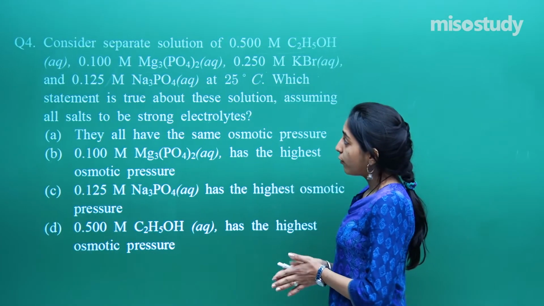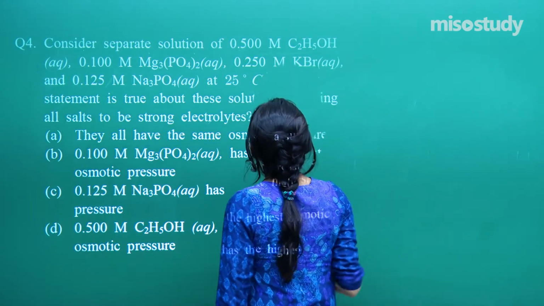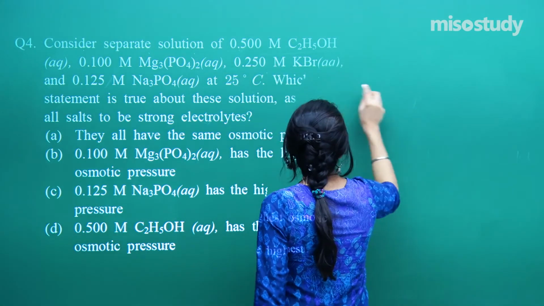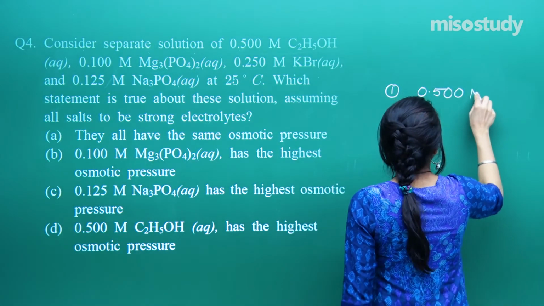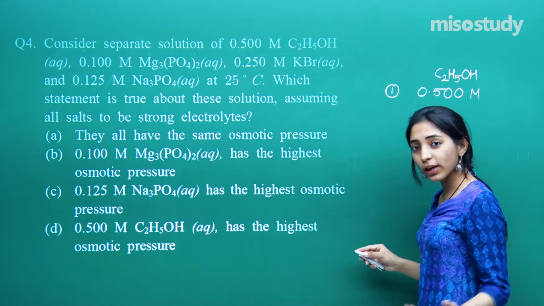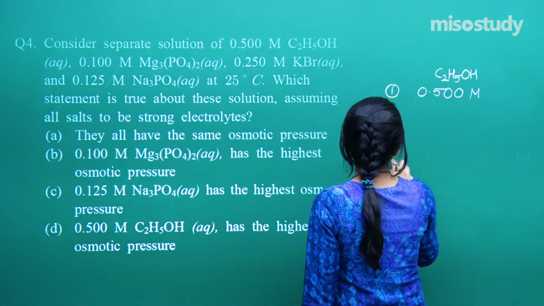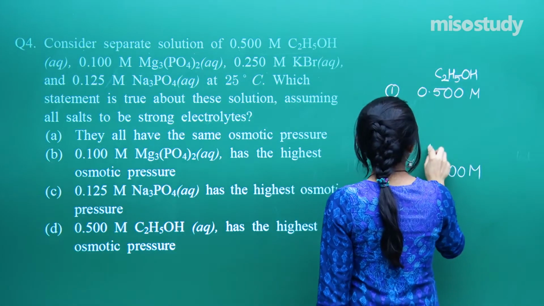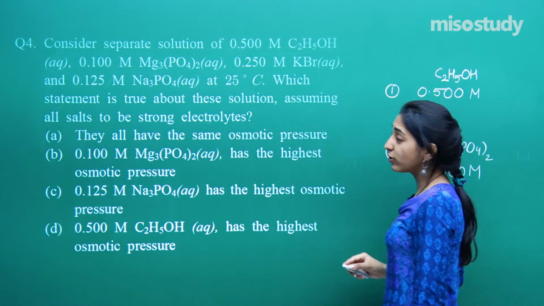This is our question number 4, and the question says to consider separate solutions. There are a few solutions given to you. First is 0.500 molar ethanol solution. Then 0.100 molar Mg3(PO4)2 aqueous solution.